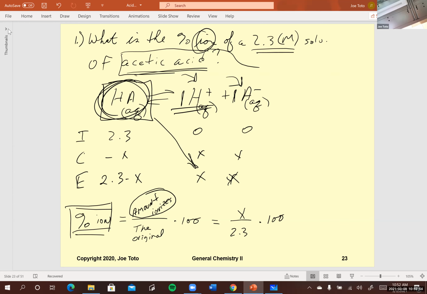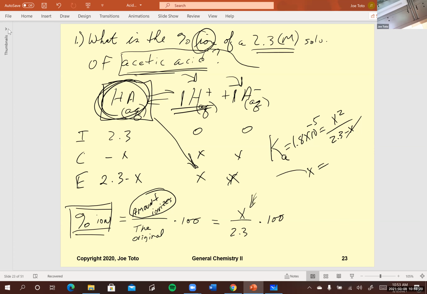So this is how the ice table will help you relate to things like percent ionization. So how do I find X? It's the same way that you've been doing it before for finding pH. You use the Ka expression. So the Ka for acetic acid, we know, is 1.8 times 10 to the minus fifth. That has to equal X squared over 2.3 minus X. We neglect that, calculate X, and then I can put it in here.